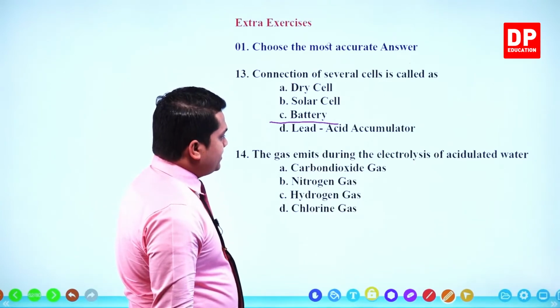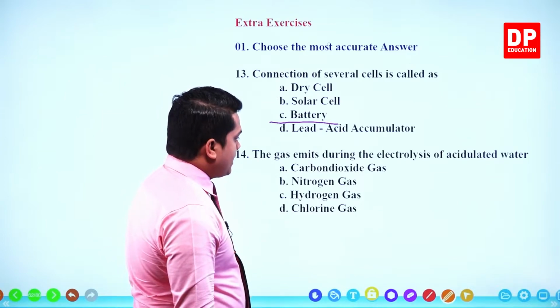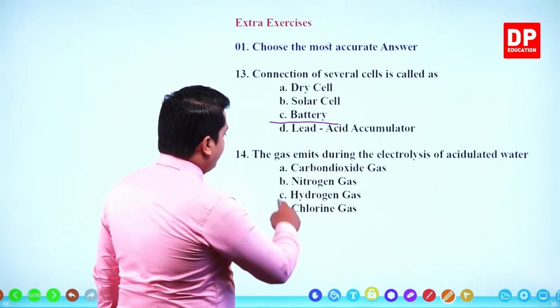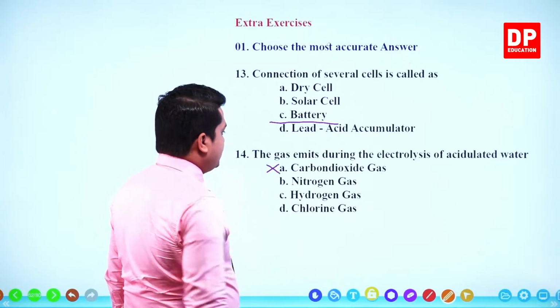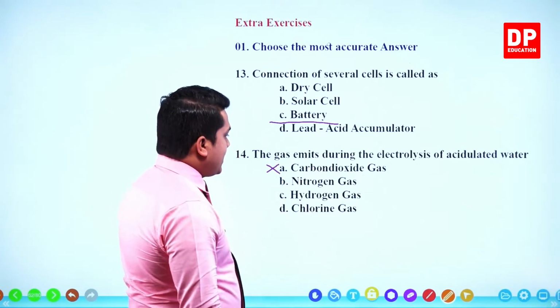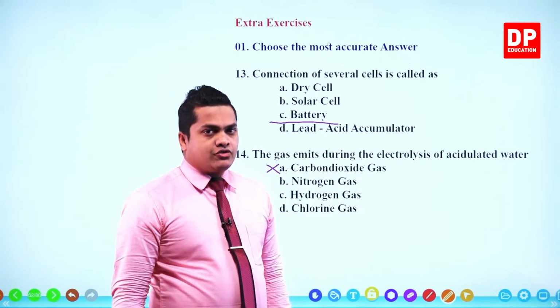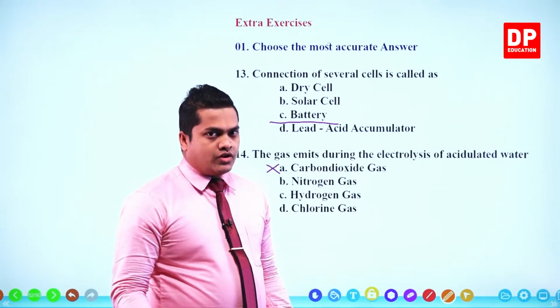The gas emitted during the electrolysis of acidulated water. Carbon dioxide gas: we are using water, so there is no possible way to emit carbon dioxide. Nitrogen gas, the same thing, there is no way to emit nitrogen gas from water.